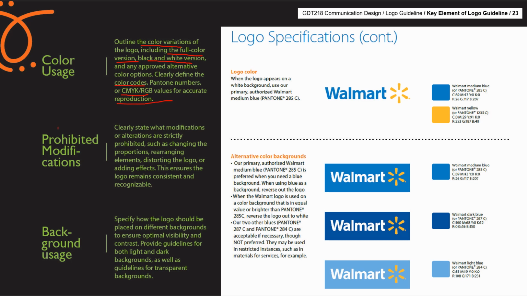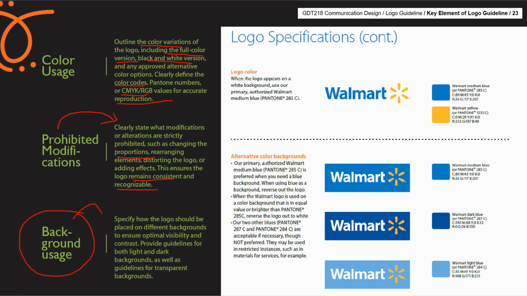Clearly state what modifications or alterations are strictly forbidden, such as changing the proportion, rearranging the elements, distorting the logo, or adding effects. This ensures the logo remains consistent and recognizable.